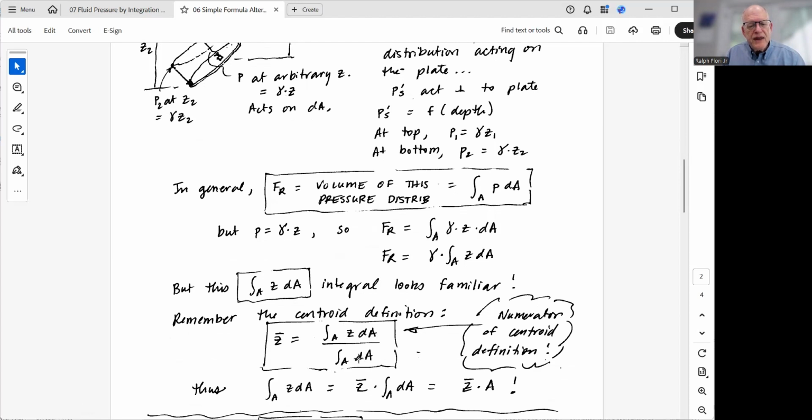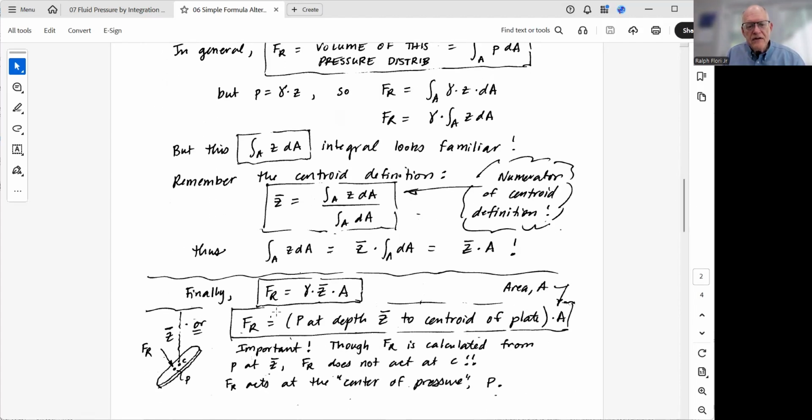If you multiply through by the denominator, the integral of Z dA is equal to Z bar times the integral of dA. But the integral of dA is the area. So FR is gamma times the integral of Z dA, and if the integral of Z dA is Z bar times area, then our FR formula is gamma times Z bar times A. It's a relatively simple derivation.